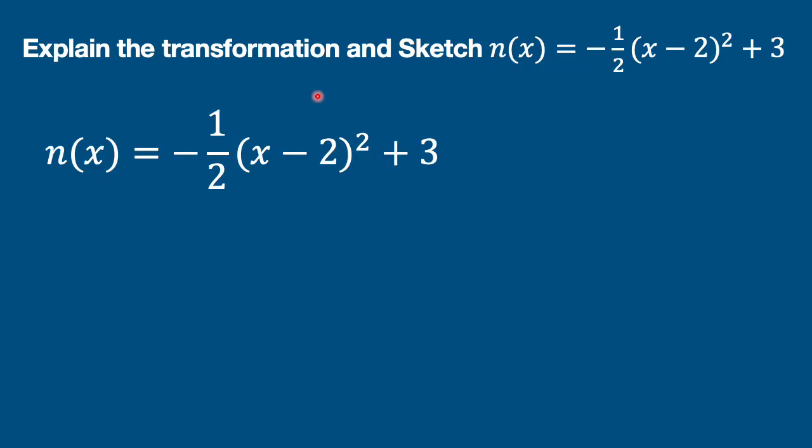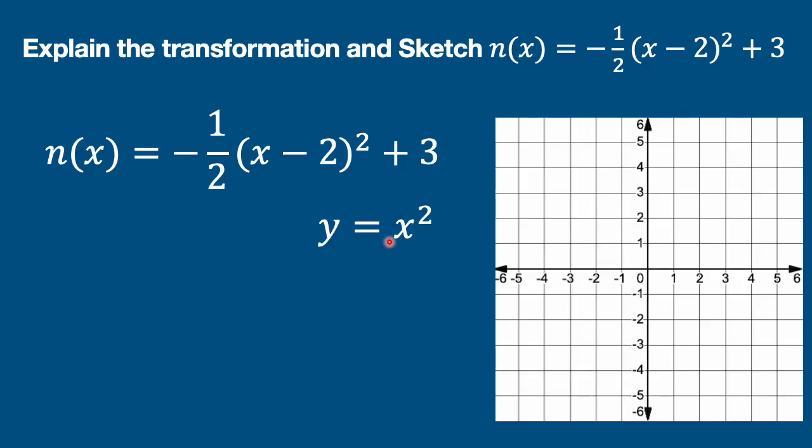Let's have the first example. They give a function of this form. Oh, it looks complicated. But we're going to start with the parent function. What is the parent function here? y equals x squared. That's the parent function. I sketched the quadratic function right there. First transformation, you think about horizontal. Horizontal means inside with x.